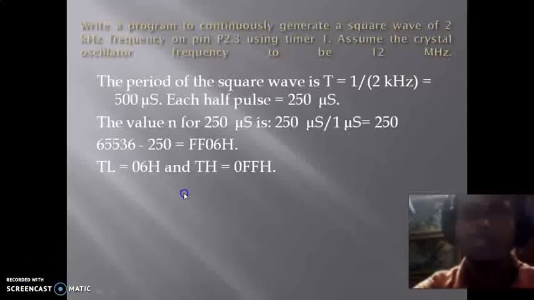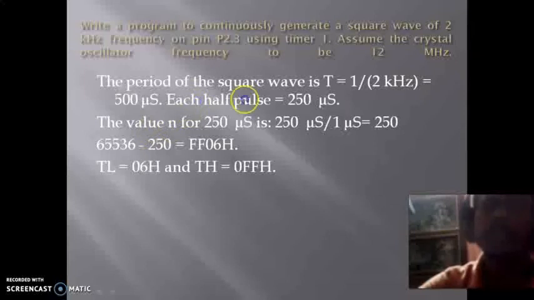Next we will try to understand this: write a program to continuously generate a square wave of 2 kHz frequency on pin P2.3 using timer 1. Assume the crystal oscillator frequency to be 12 MHz. The period of the square wave is T = 1 / 2 kHz, that is 500 microseconds, and each pulse will be 250 microseconds, because 2 pulses make 1 period.